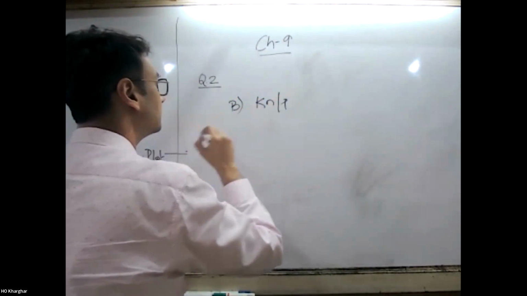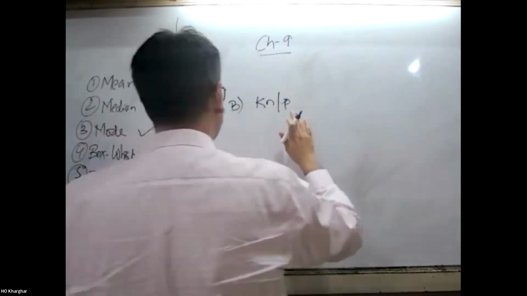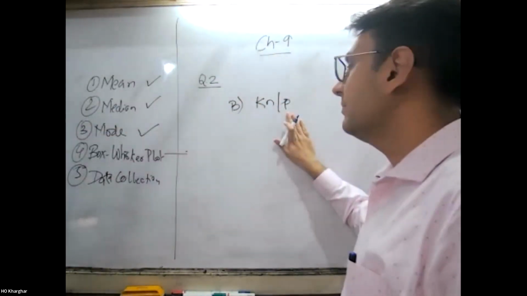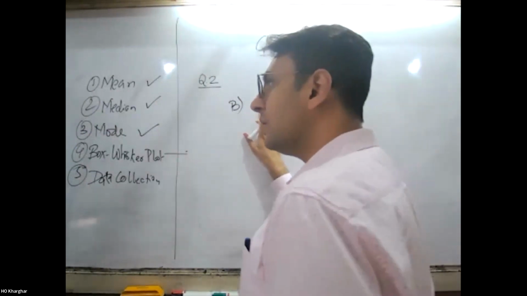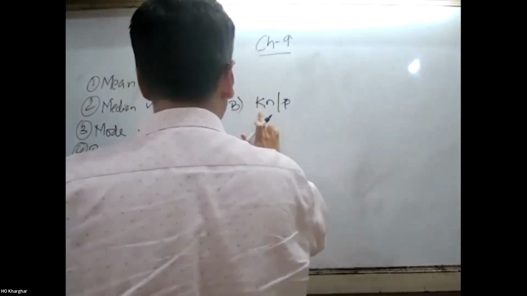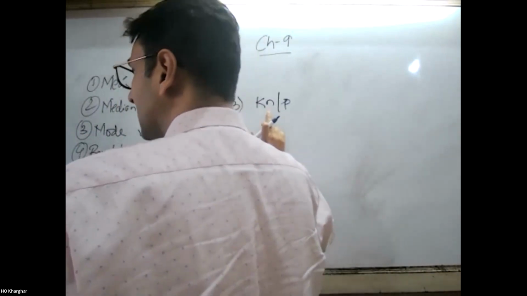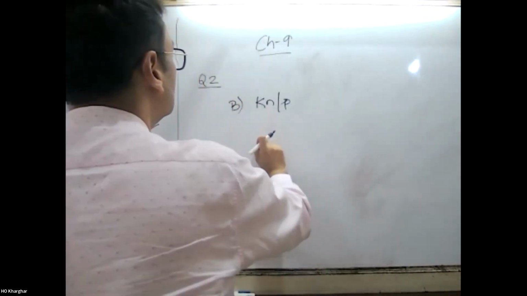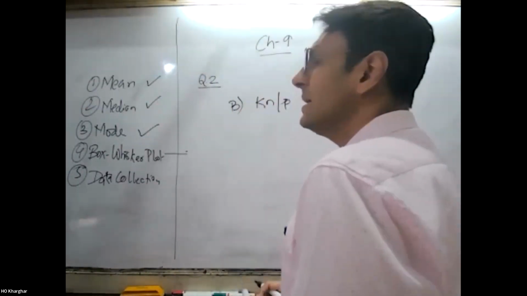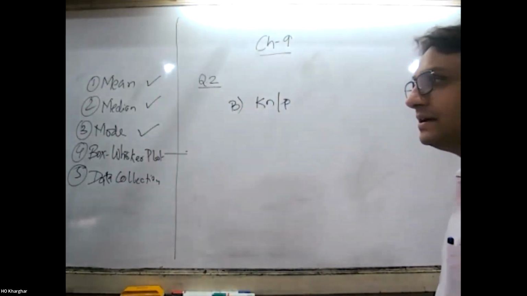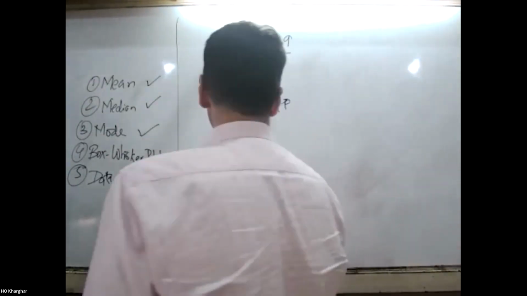This is option B, where P stands for the number of pencils, K stands for the number of classes, and N stands for the number of students per class. Now the question says, how many pencils are there for each student?